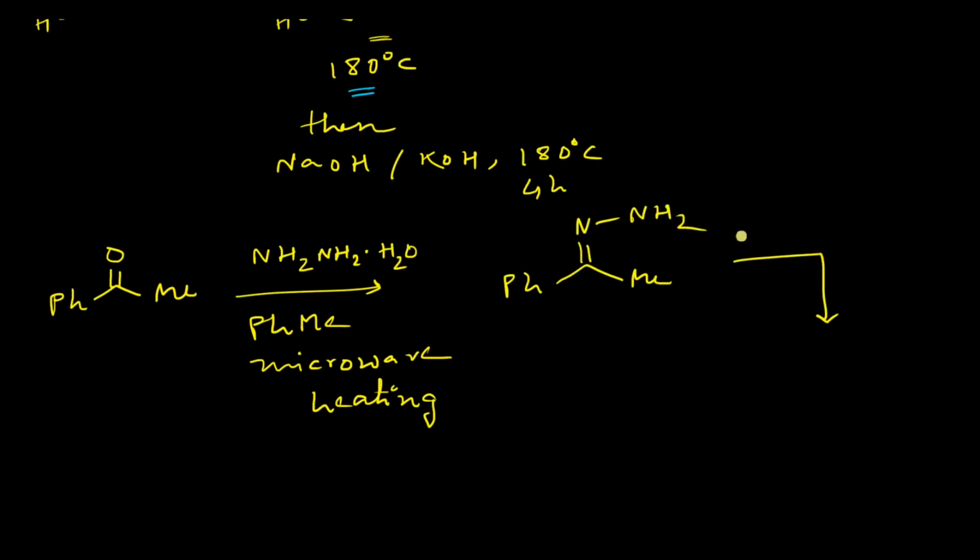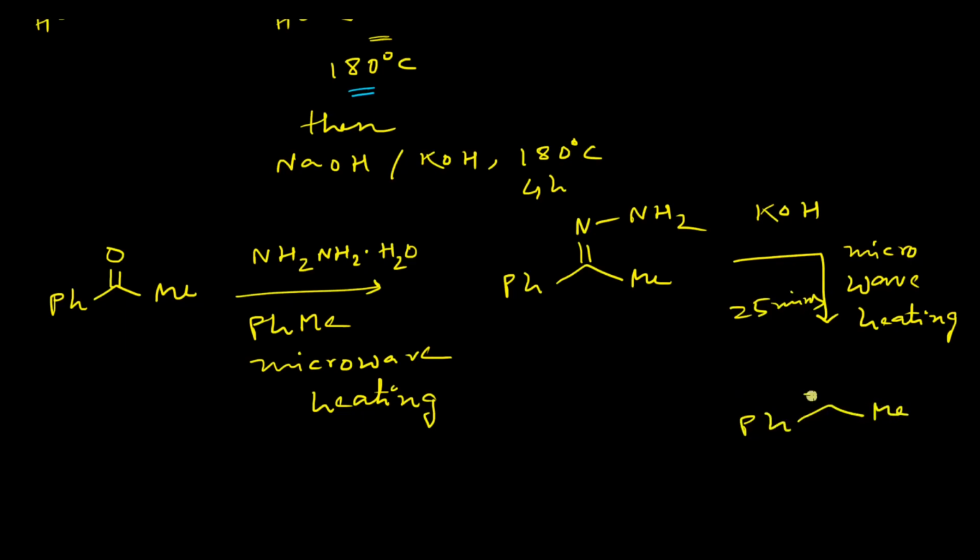And if you then react this hydrazone derivative with potassium hydroxide, finely divided in powder form, also in the presence of microwave heating, after 25 minutes, you will get the corresponding reduced product. So ethyl benzene will be the reduced product.